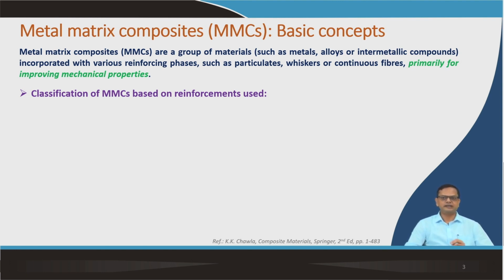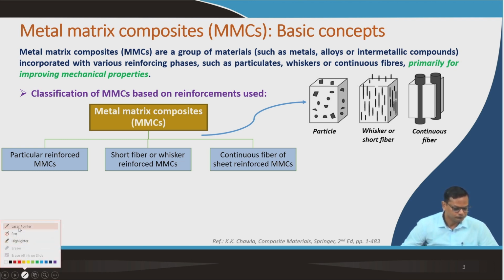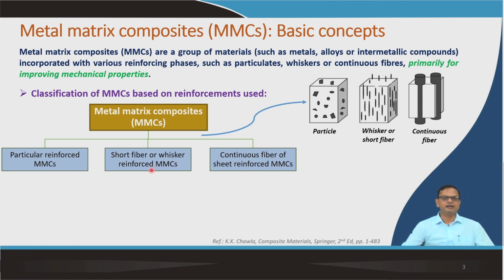Okay. Now, if you look at the classification of MMCs based on reinforcement, obviously we have three different classes. One is particle reinforced MMCs, then short fiber or whisker reinforced MMCs, and continuous fiber reinforced MMCs.